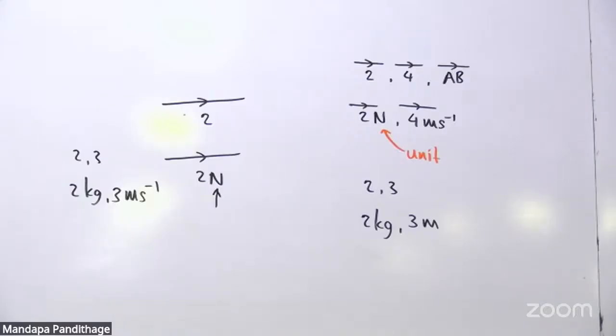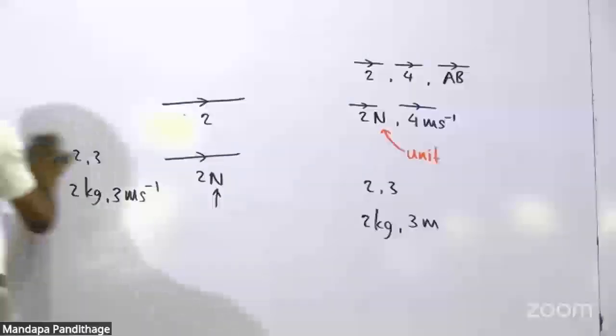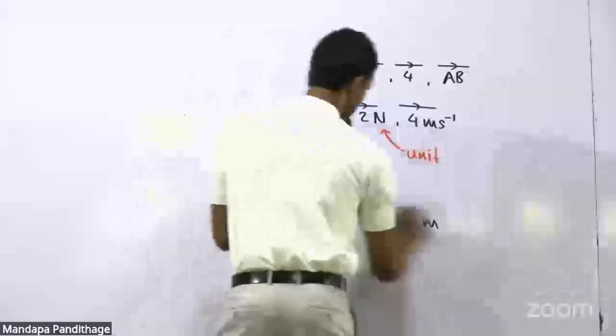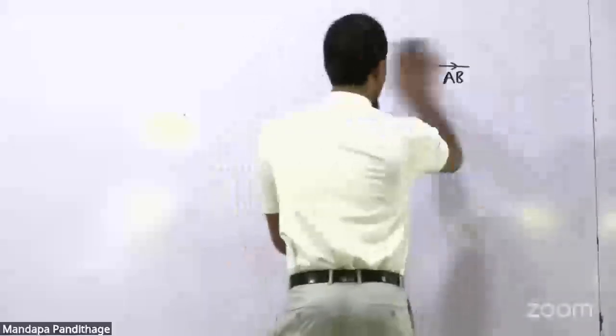Okay, then write the main topic, vector notation. Write the main topic, vector notation. So there are two ways that we can denote a vector, which is why we call it vector notation.